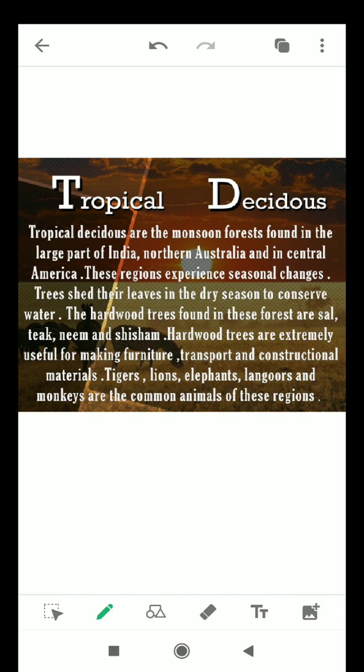Wildlife in this forest includes lion, tiger, boar, deer, elephant, etc. A huge variety of birds, lizards, and snakes are also found here.